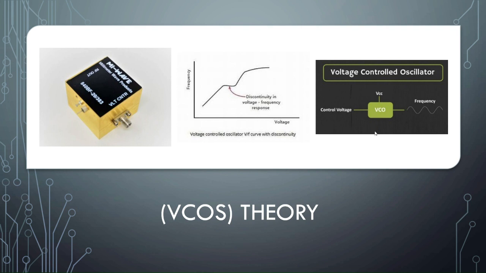Voltage control oscillator, or to be called VCOs, is a device that controls the voltage and the signal in a circuit in order to gain a stable frequency.